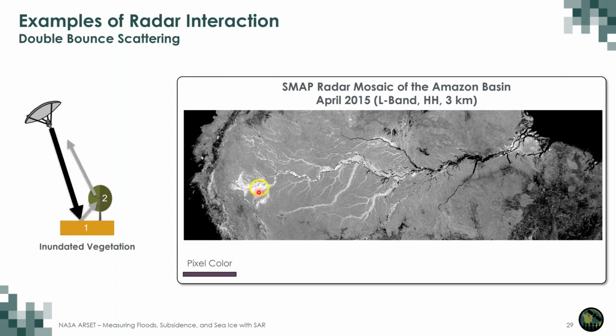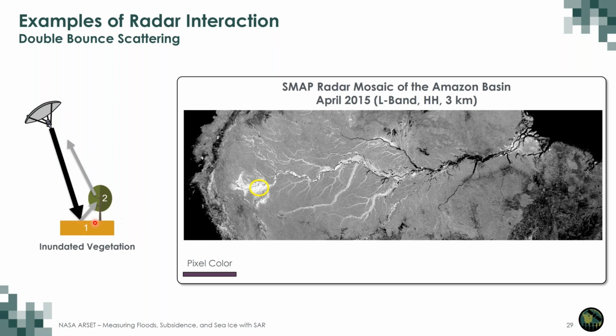Lastly, in this area, you see these very bright patches. Those are really interesting, and we'll get back to them a little bit later. What's happening here is we have inundated vegetation. At L-band, we have the ability for the radar to penetrate through the tree cover enough to incur scattering on the surface.